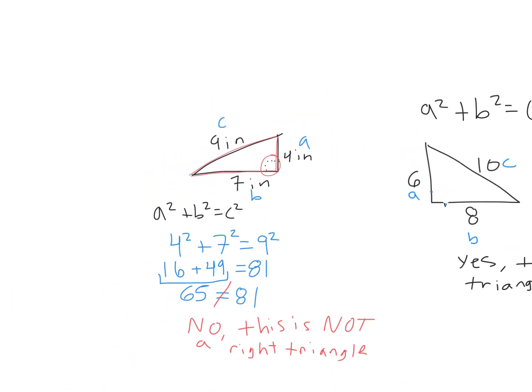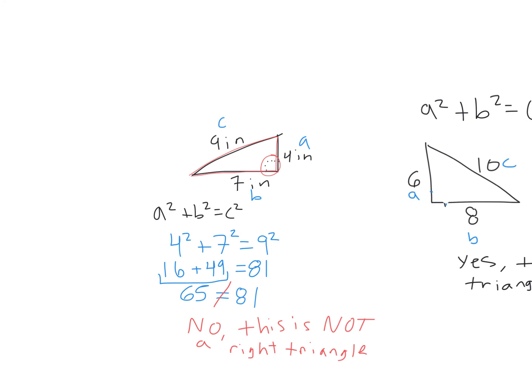All right, so this is the beginning of this unit on the Pythagorean Theorem, understanding that a squared plus b squared equals c squared, and using it to find the length of a missing side, whether it's a leg or a hypotenuse, of a right triangle when you have 2 out of the 3 lengths.